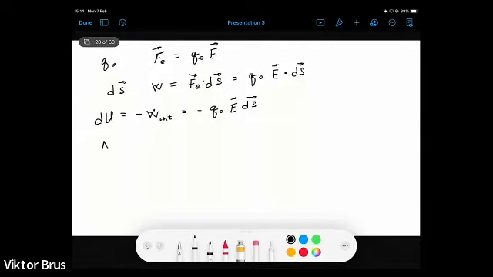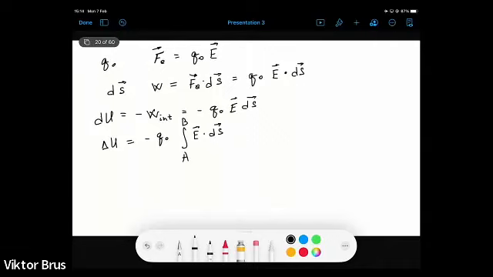So the change of potential energy between these points A and B will be given as minus Q naught times the integral from point A to point B of the scalar or dot product of electric field vector and ds displacement vector.